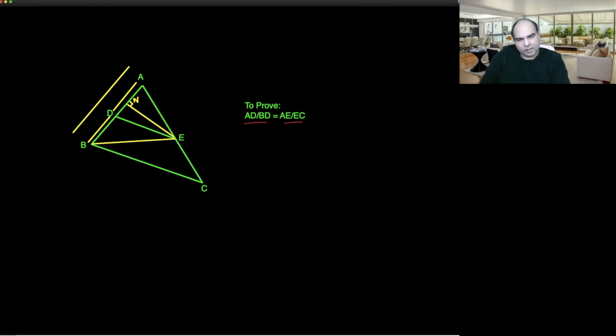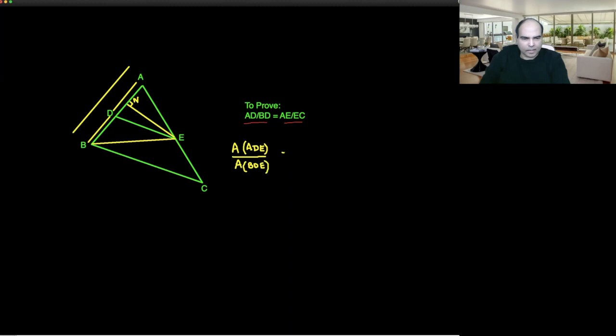So if I construct this height EN, I can write the ratio of the area of ADE to the area of BDE as half base into height.